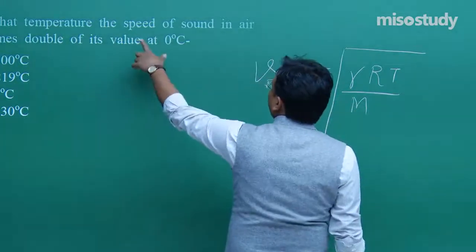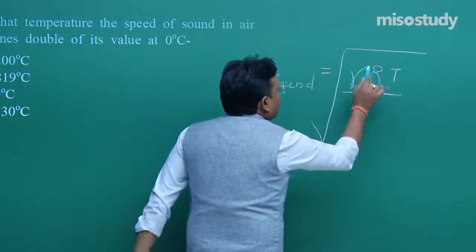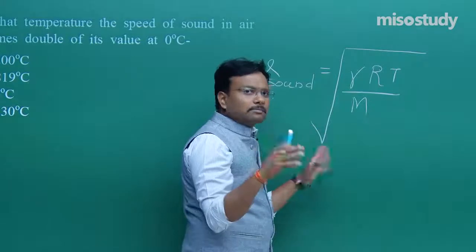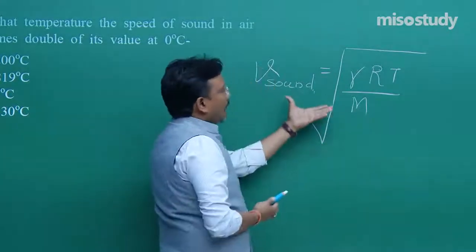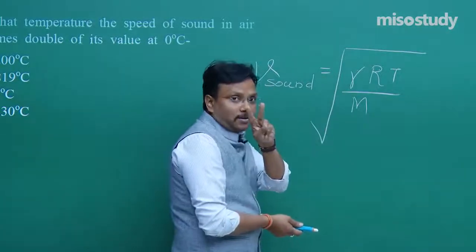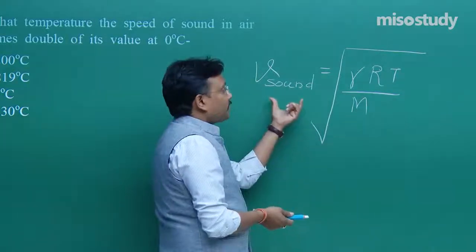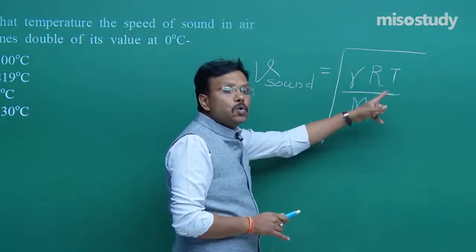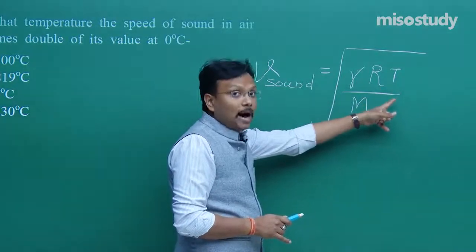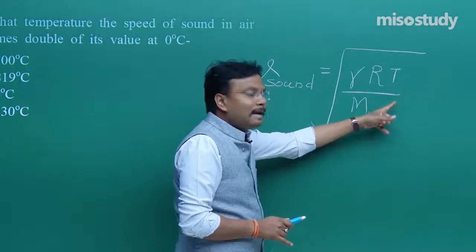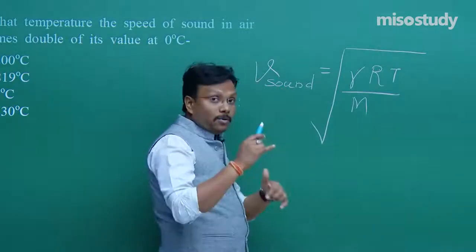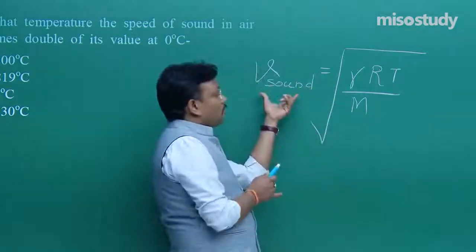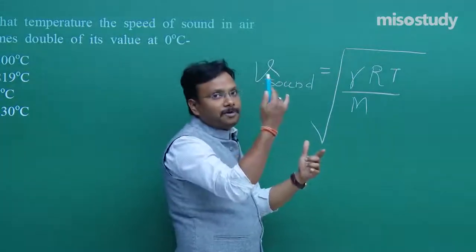Now, at what temperature means gamma, R and M both are not required. Reason being, you have to write down this formula twice. That is velocity of sound number 1 at 0 degree centigrade, that is 273. You have to add that value in order to convert it in Kelvin, and V sound number 2 at some specific temperature when the speed of sound is twice of that of previous condition.